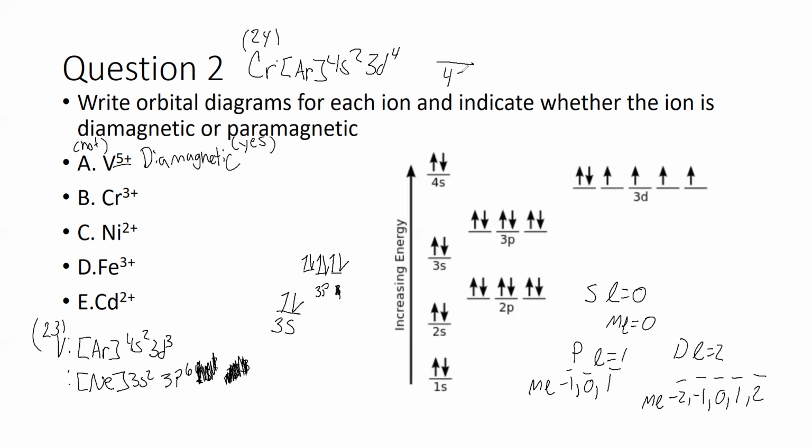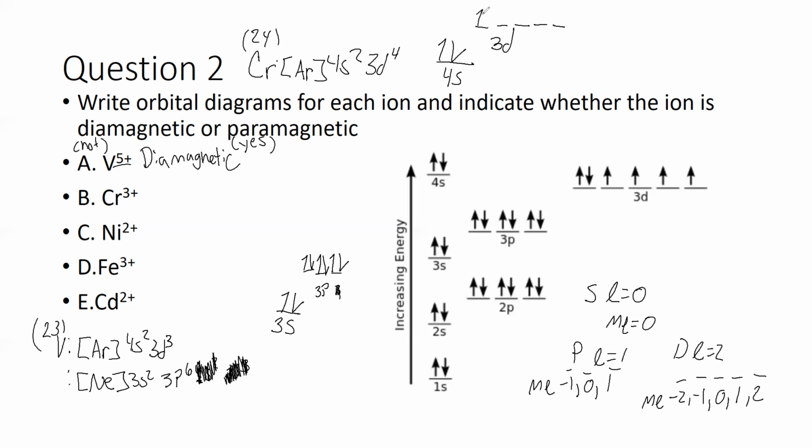So the S block gets 1 dash because it has 1 m sub L value. The D block gets 5 dashes because m sub L has 5 different values for D because L is 2. So neutral chromium, I put 2 electrons in there because it's 4s2. And for neutral chromium, I put 4 electrons in the D block.